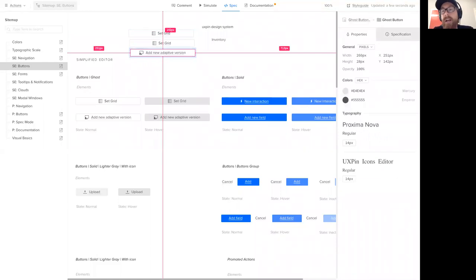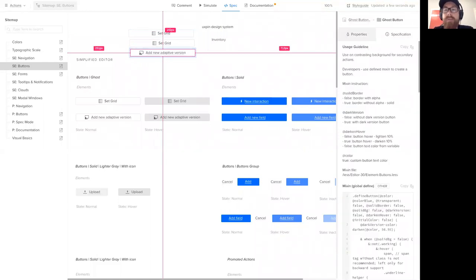And every instance of this symbol will have this documentation attached and kept in sync, which basically removes the task of building documentation for us, for designers, and it makes every single design development ready, right? Developers can access all this information. They don't have to go to any external documentation. This whole information is always in the context of a particular project that they're working on.